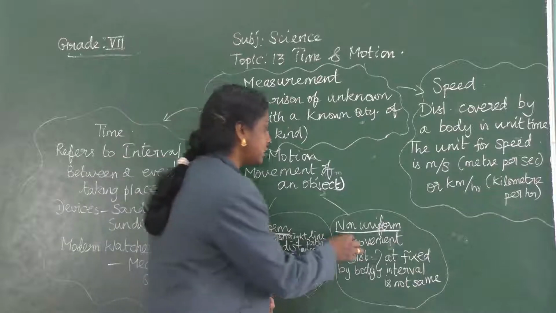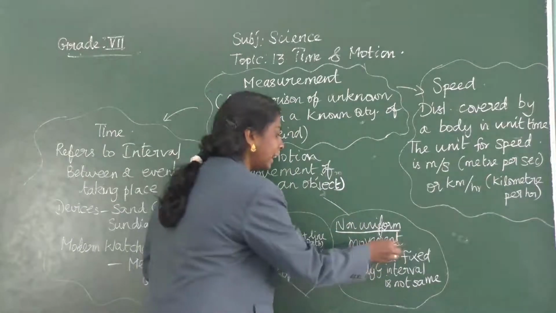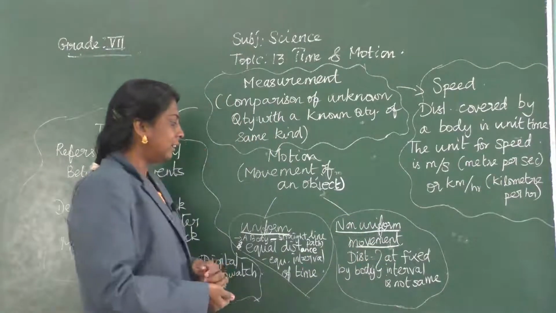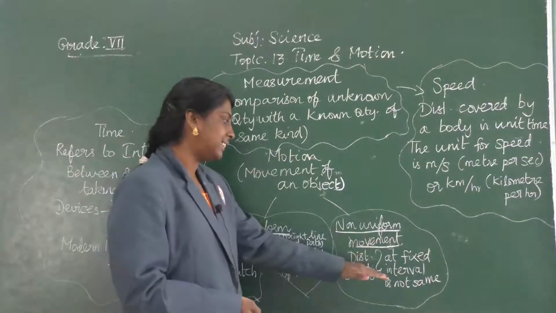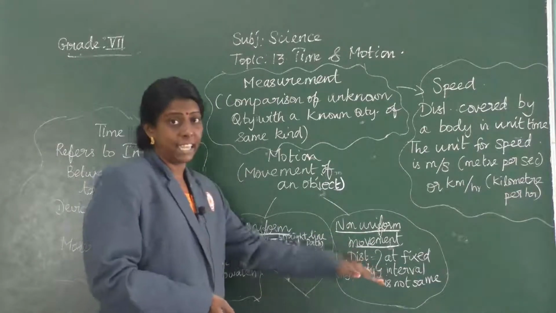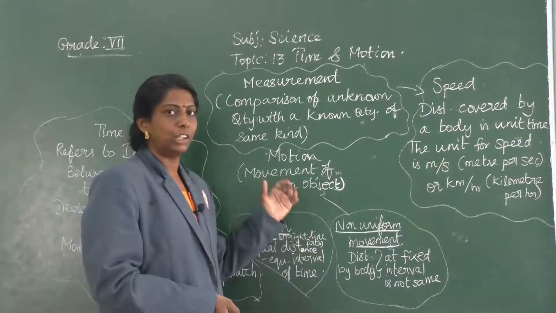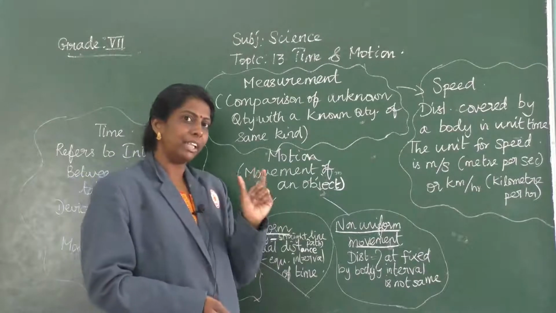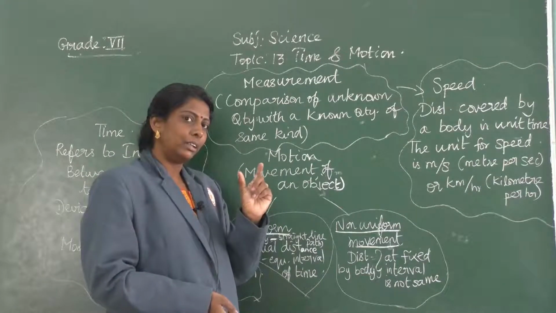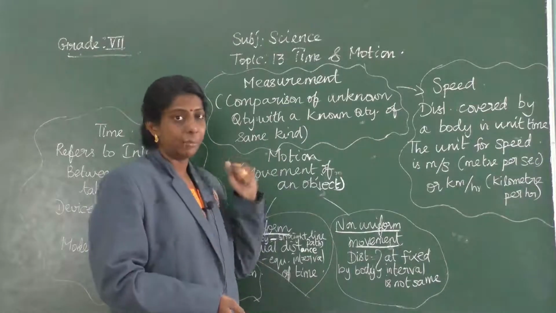The second part is non-uniform motion. So what do you mean by non-uniform motion? The distance travelled by the body at fixed intervals is not the same. Distance might be 50 kilometers or 60 kilometers. If you are travelling by car, we can travel in 10 minutes.